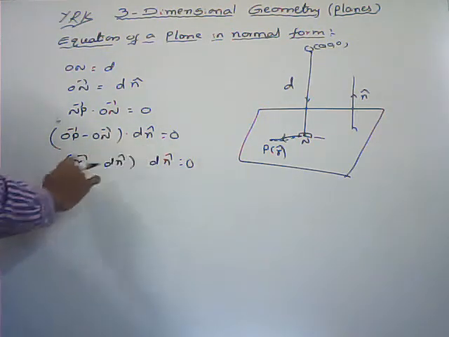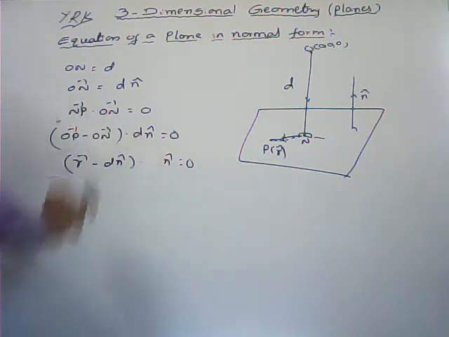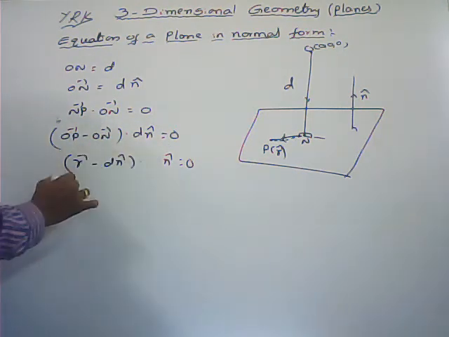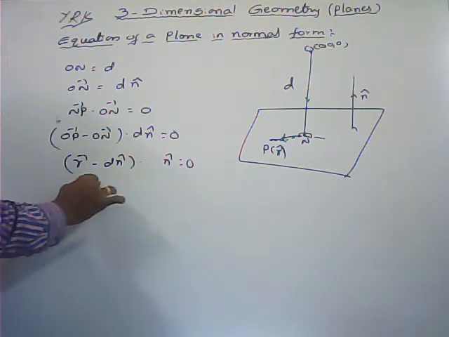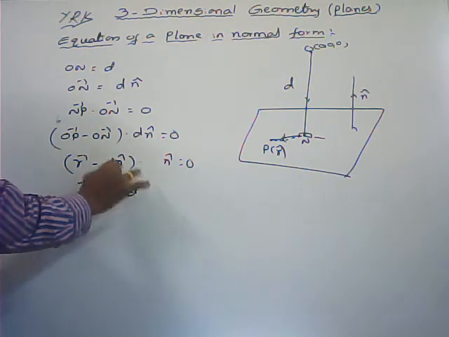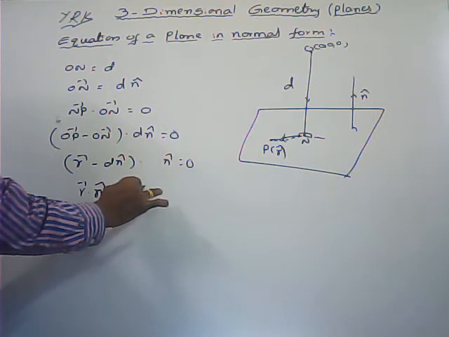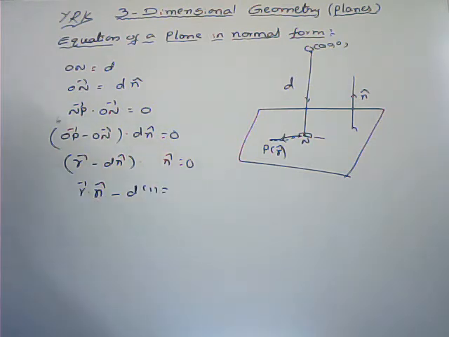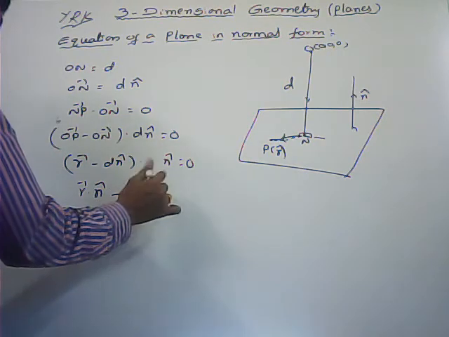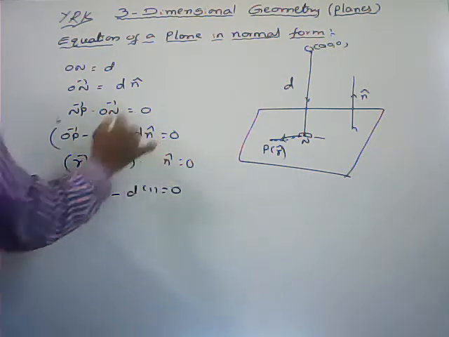D is a scalar, so we can divide both sides by D. Now multiply: R bar dot n cap minus D times n cap dot n cap, which is the modulus of n cap squared, and the modulus of n cap is 1, is equal to 0.